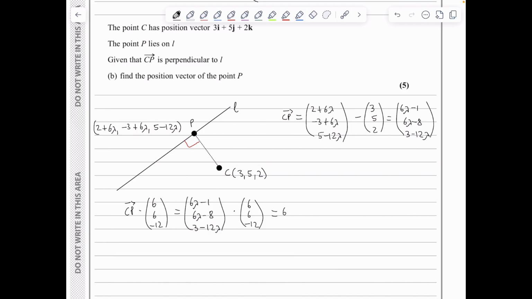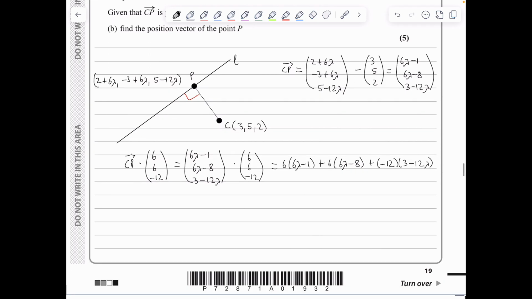So we've got 6 times (6λ - 1), plus 6 times (6λ - 8), plus -12 times (3 - 12λ). Let's proceed in expanding. We've got 36λ - 6, plus 36λ - 48, minus 36, plus 144λ, which leads to 216λ - 90.